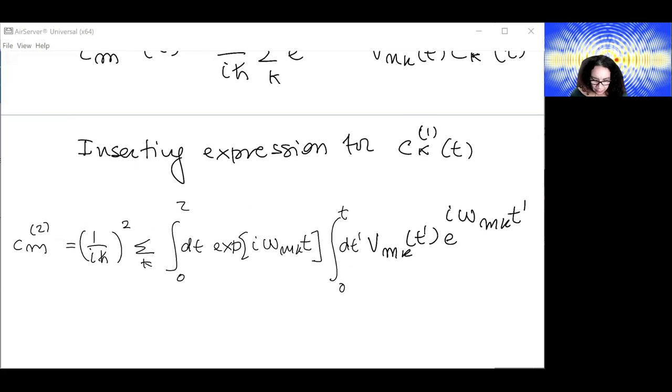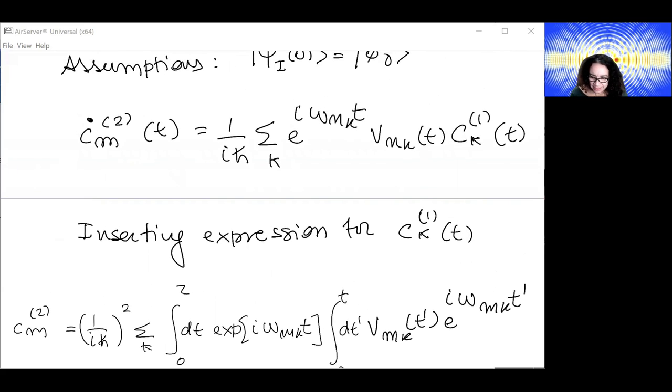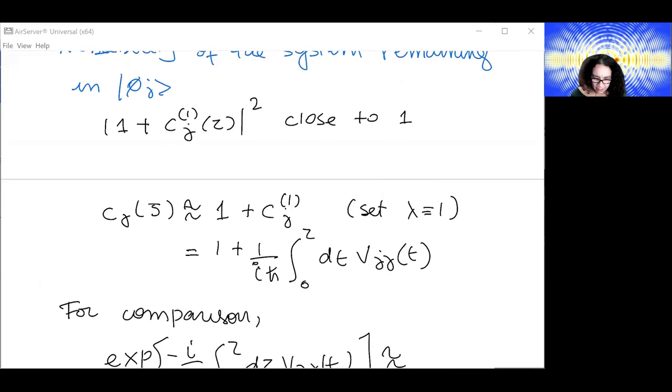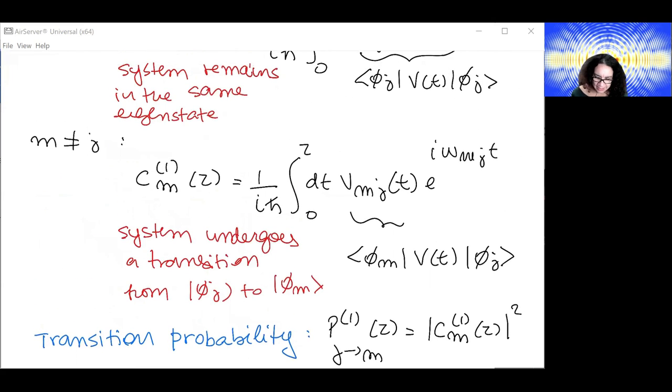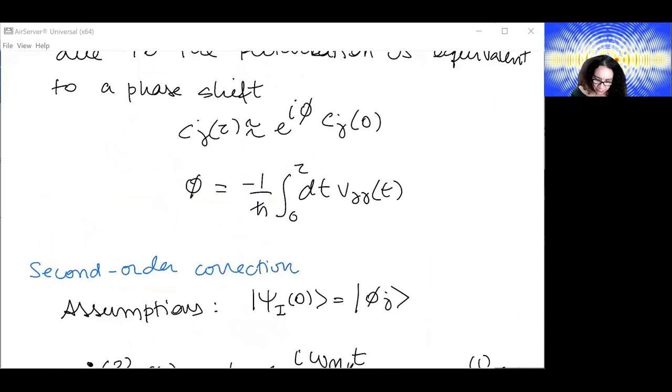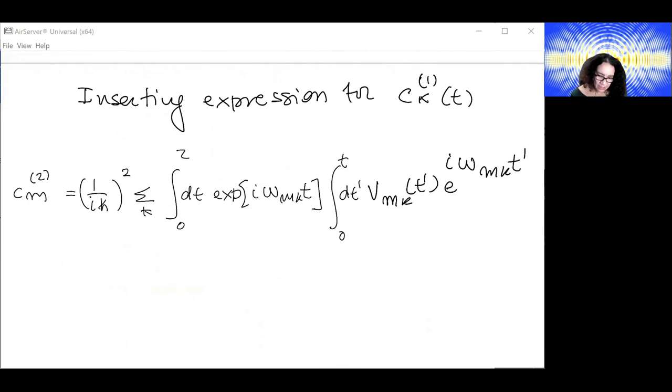So what I have done was the following. I have inserted the expression that we have here for Ck1 t, considered m different from j, which was this guy. And on top of that, I integrated from 0 to tau here.